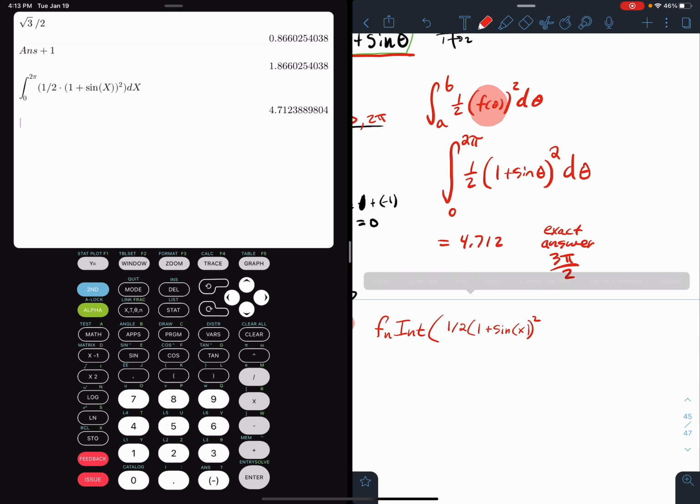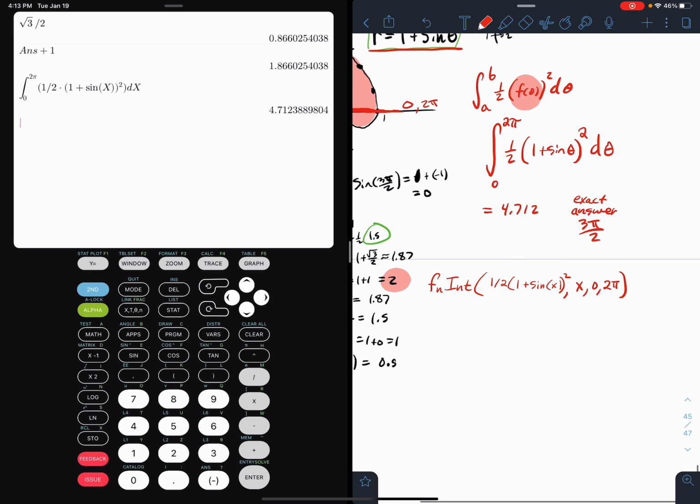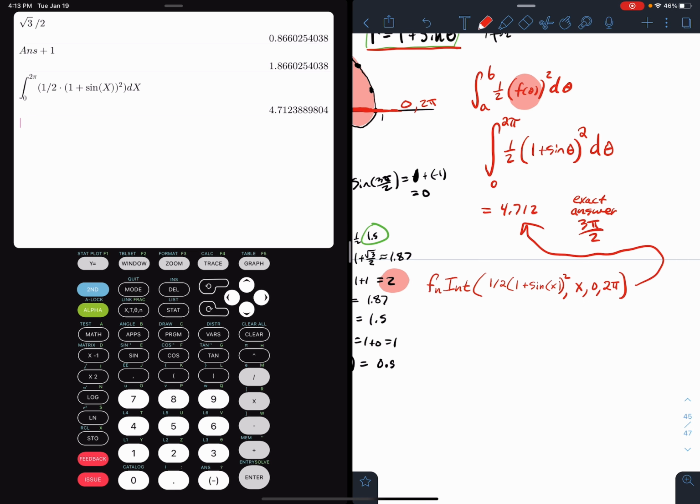So let me make this smaller real quick. And you have x as your variable, 0 to 2 pi, and then close it up, hit enter, and you'll get the same answer there.